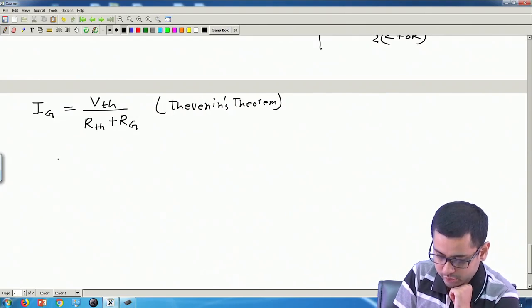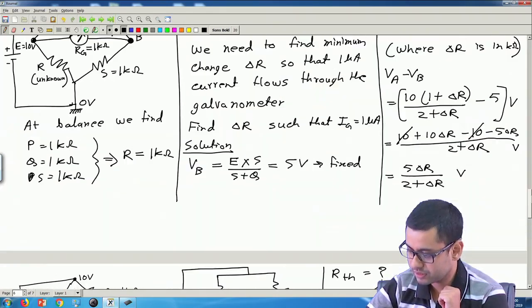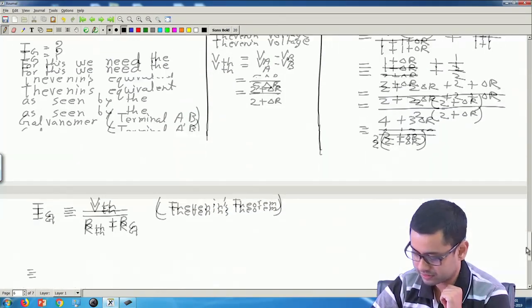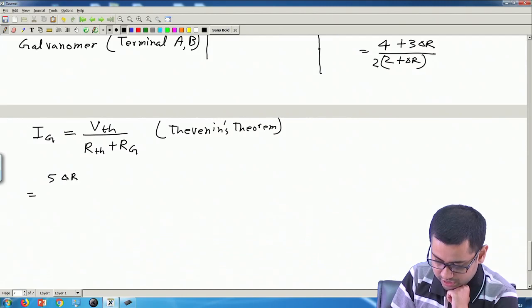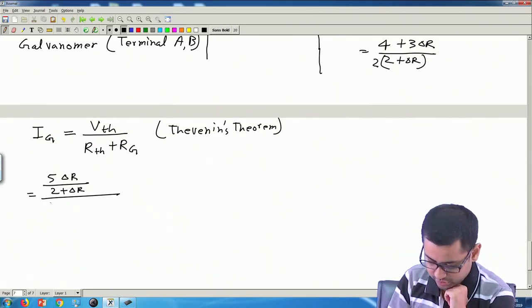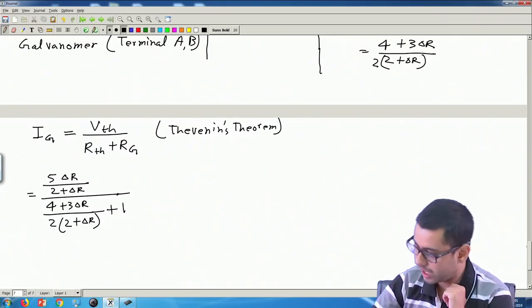So let us put the values. Vth is here 5 delta R by 2 plus delta R, and Rth is 4 plus 3 delta R divided by 2 of 2 plus delta R, and Rg is once again 1 kilo ohm.